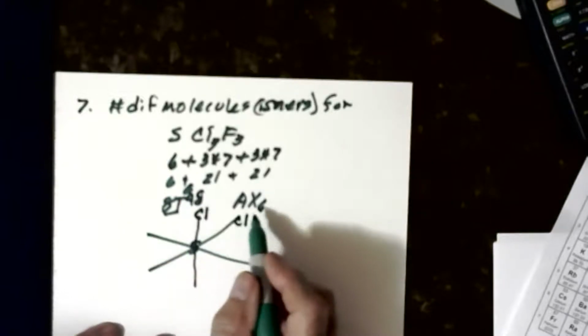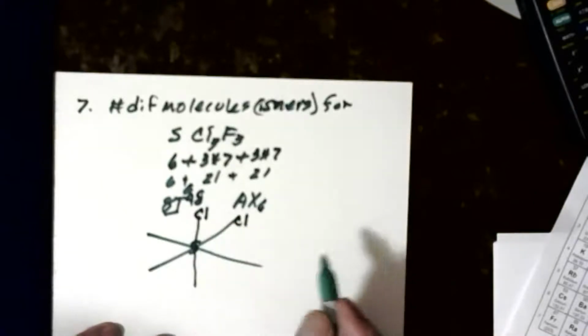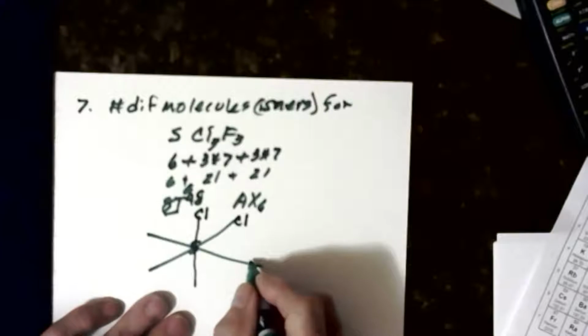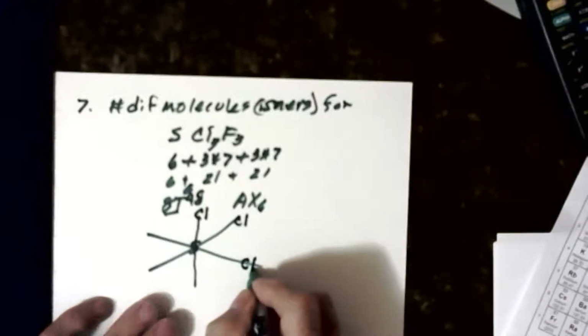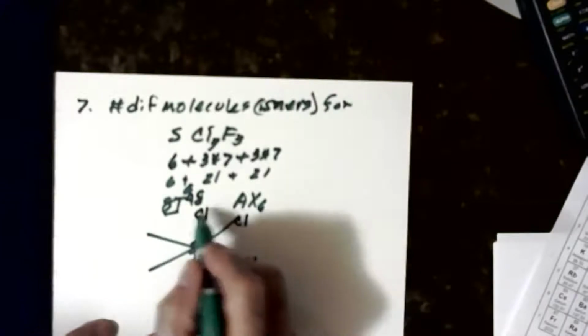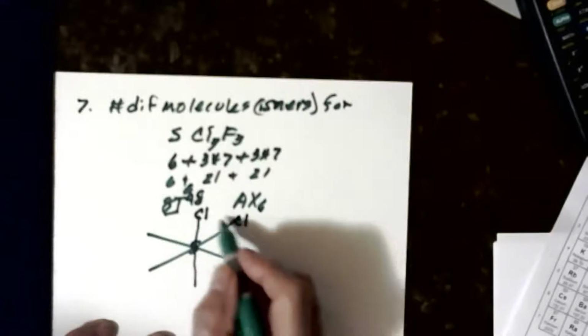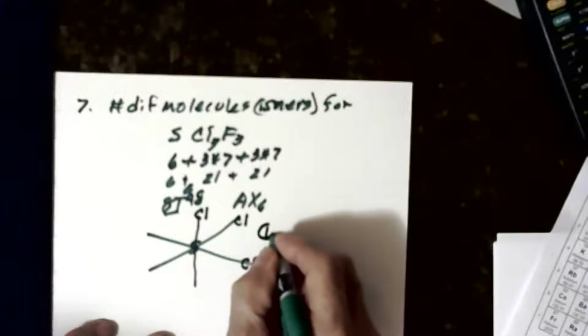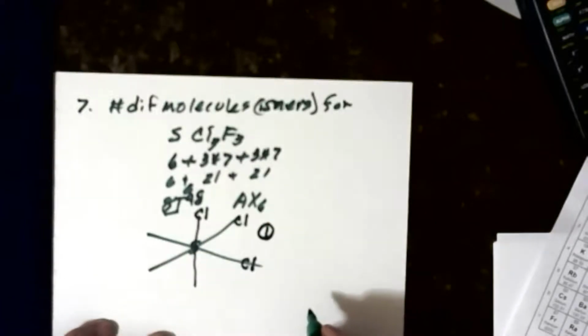So I can put 2 of the chlorines like that on 2 different axes. And the third one, I could put it, let's say, here. So if I did that, I'd have 1 chlorine on each of the 3 axes. So that's going to be one of the isomers. Fluorine is going to be in the other positions.